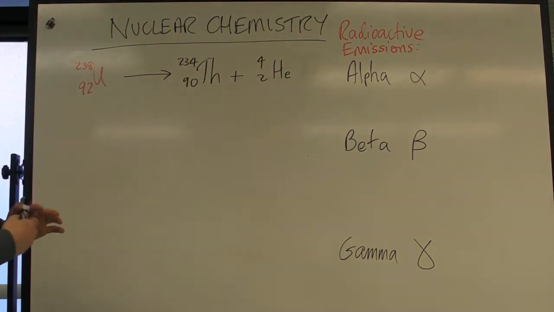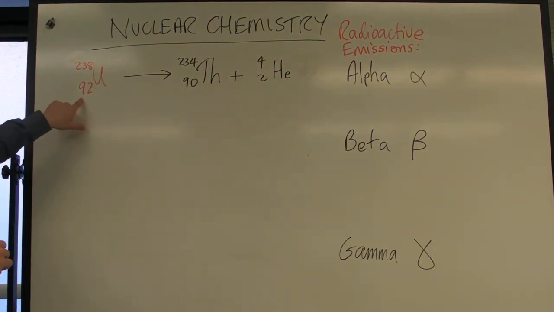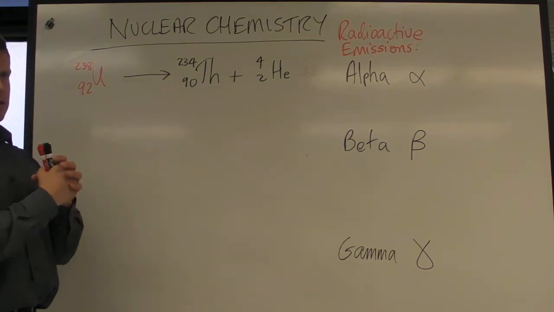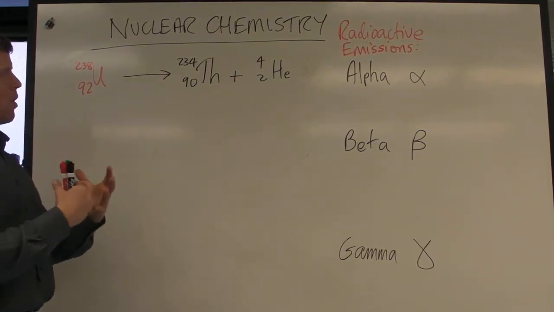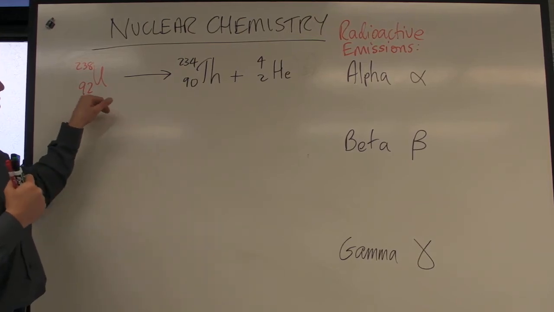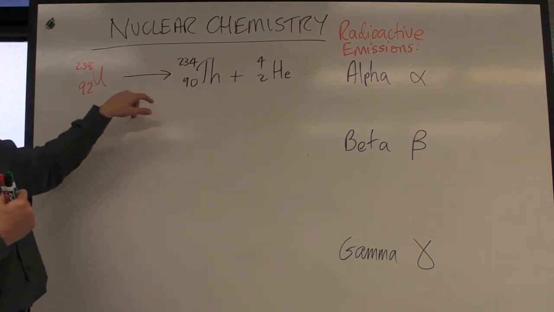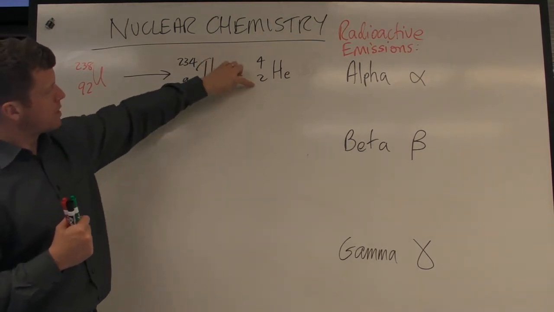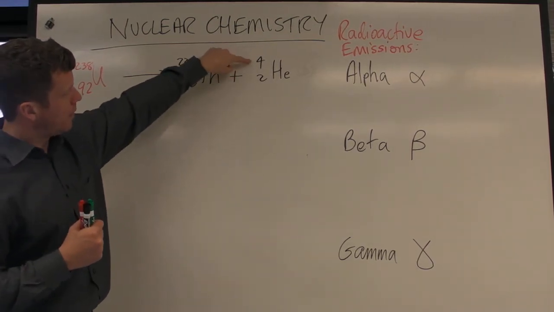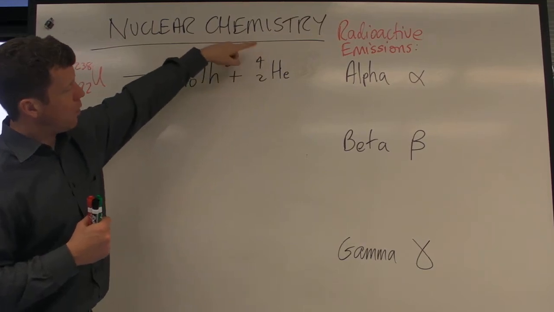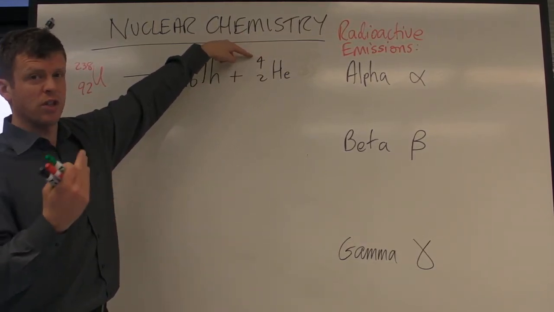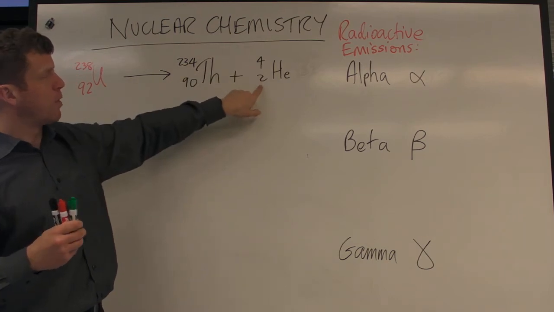So what happened here, the uranium is unstable. So to become more stable, its nucleus breaks apart slightly. And what actually happens is that it gives up 2 protons and 2 neutrons, so represented like this. So this is the mass number, or nucleon number, so 2 neutrons plus 2 protons is 4, and this represents the number of protons.